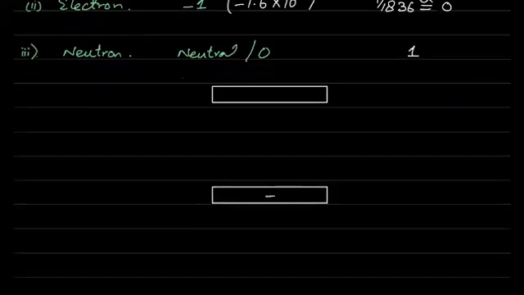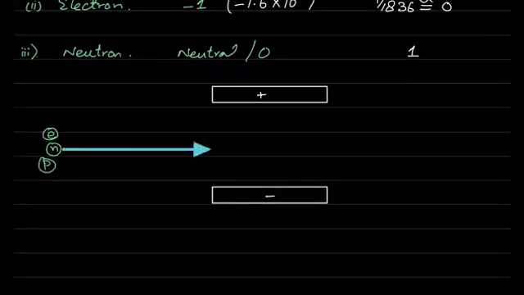This is the neutron, this is the electron, and here you have a proton. Neutron will go straight. It does not have any charge, so there will be no effect of the external magnetic field on this neutron.